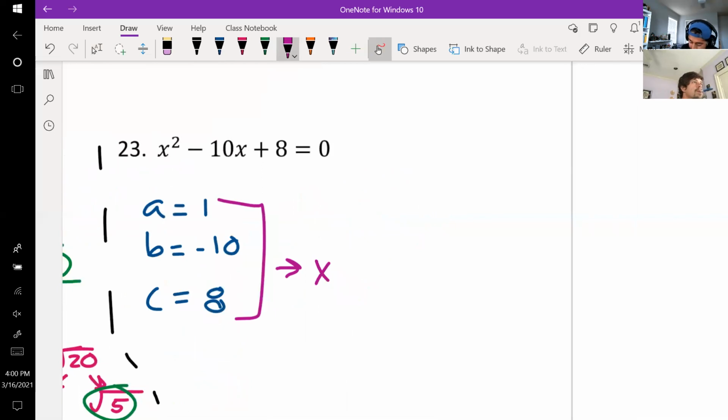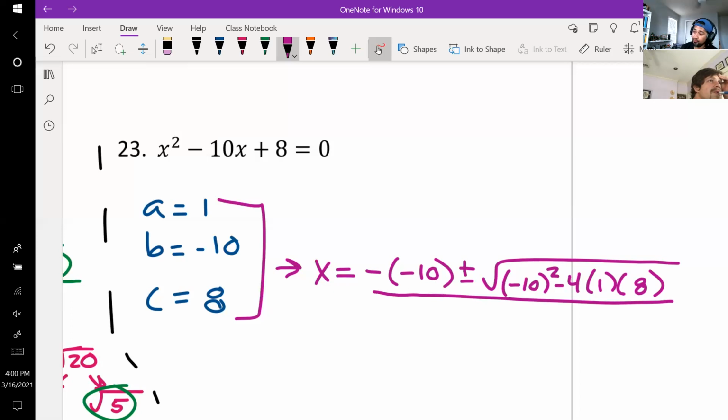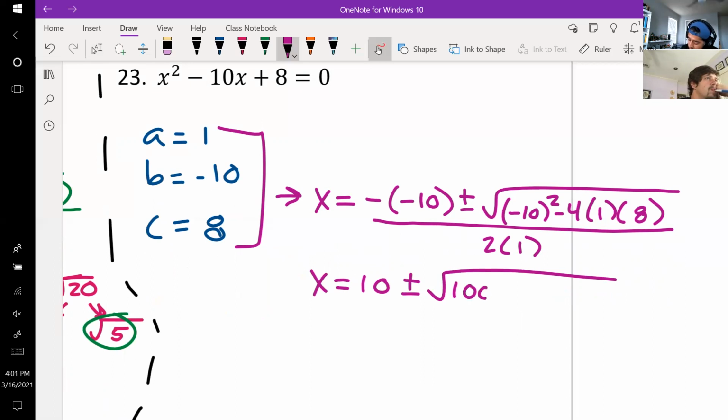And we'll have x equals this time negative times -10 plus or minus the square root of -10 squared minus 4 times A times C, all over 2 times A. Okay, clean up. X equals 10 plus or minus the square root of 100.